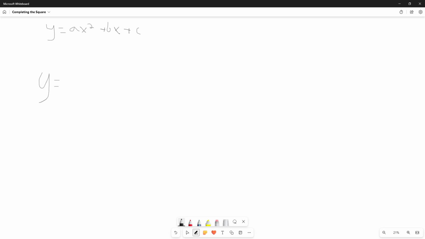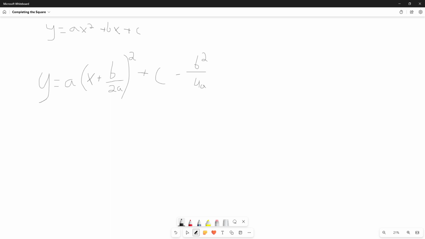Y equals a on the outside, x plus b divided by 2a, squared, plus c minus b squared over 4a. So that is your final equation.